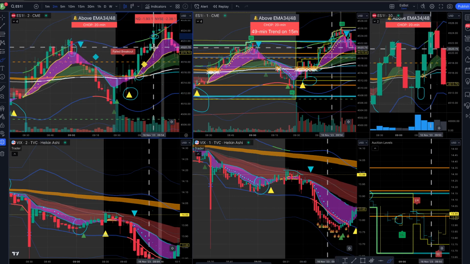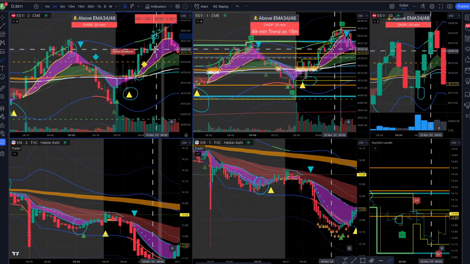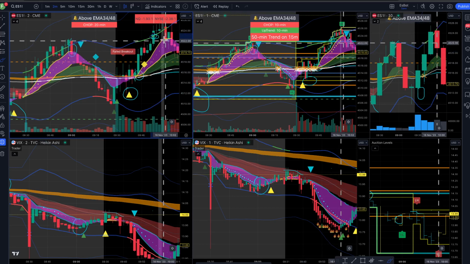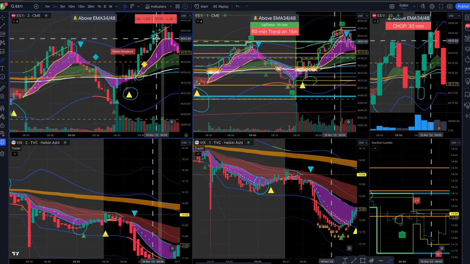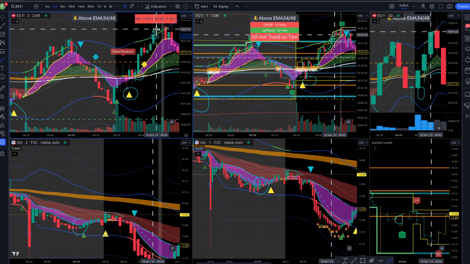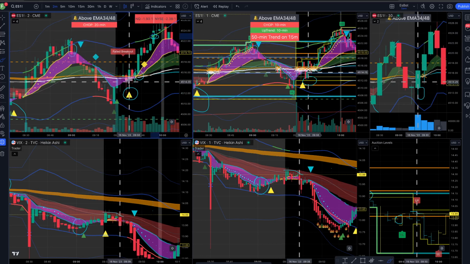So you want to give it room, but not extra room, because it's not a trend day. On a trend day you want to give runners extra room, because if you don't, they're going to stop hunt you and knock you out, and then you lose on that big move. So you don't have a trend day. If you keep a runner, make sure it's at least at break even, and then you can keep moving it up so that you can never lose money.